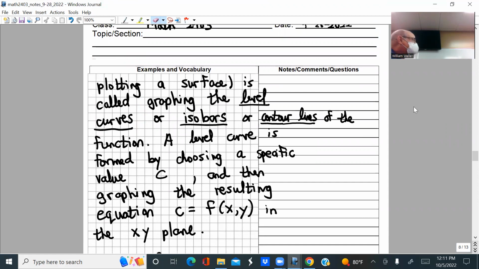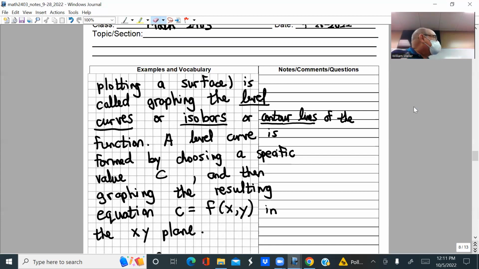So what you'll do is essentially graph a trace of the surface in a plane. You take the z and set it equal to some fixed constant.